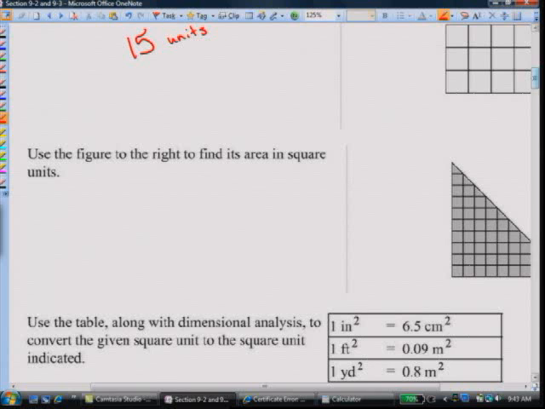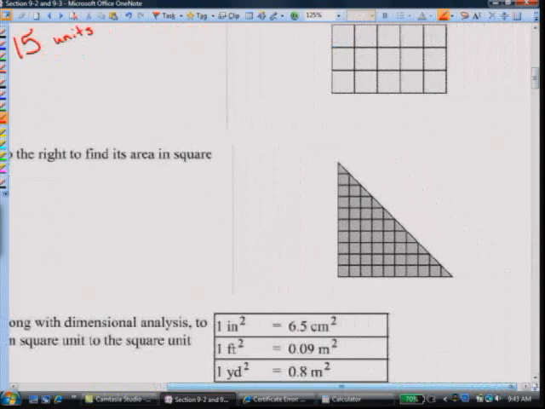Similar, slightly trickier. We've got a triangle, and we just have to assume that if we put these 2 together, they're going to make a complete square. So we've got 1, 2, 3, 4, 5 of those. And then this is 1, 2, 3, 4, 5, 6, 7, 8, 9. And then it goes down 1 each time.